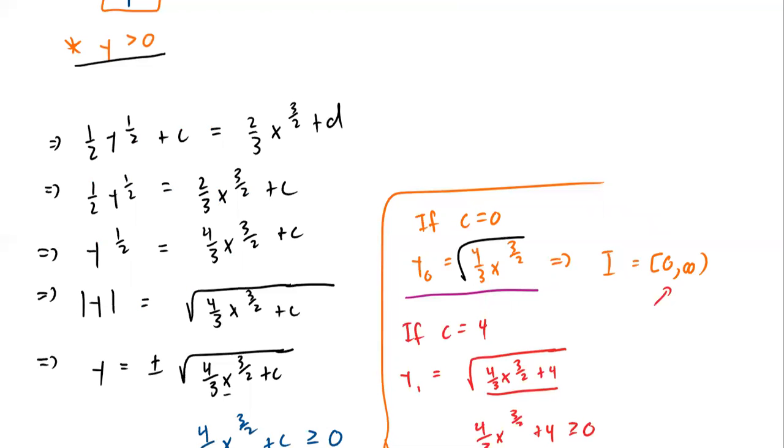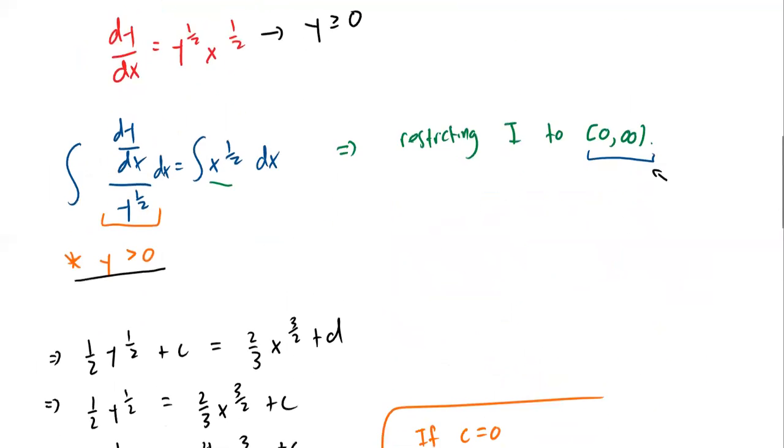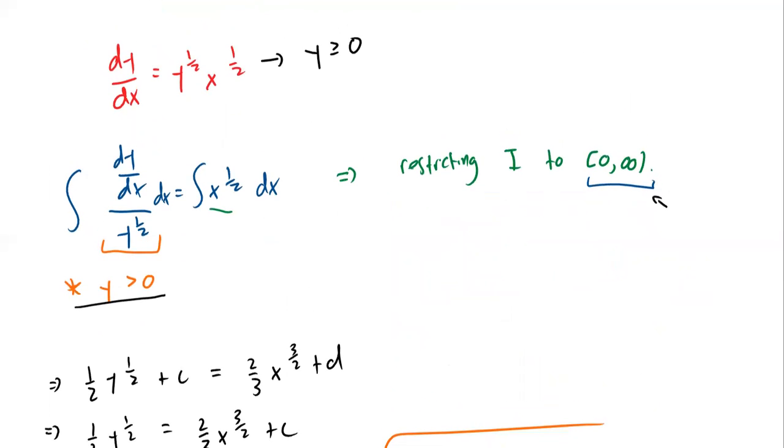What does that mean? That means that in a sense, the conditions that we get from the original differential equation kind of trump the conditions that we get on y by integrating.